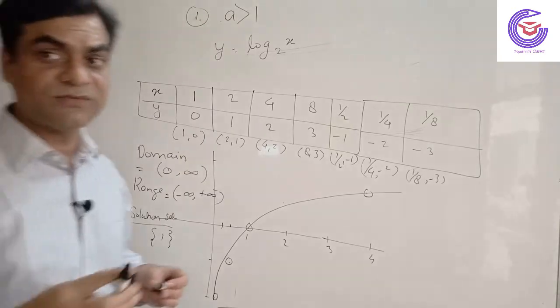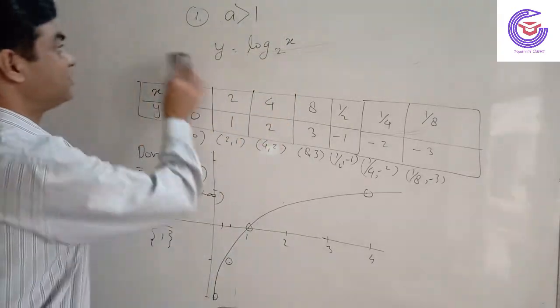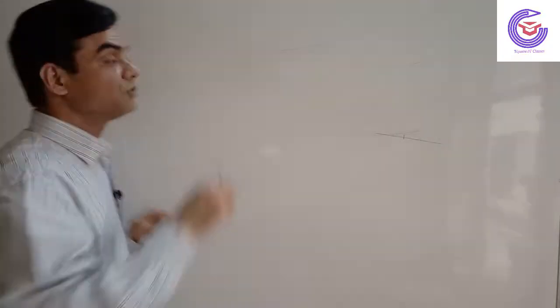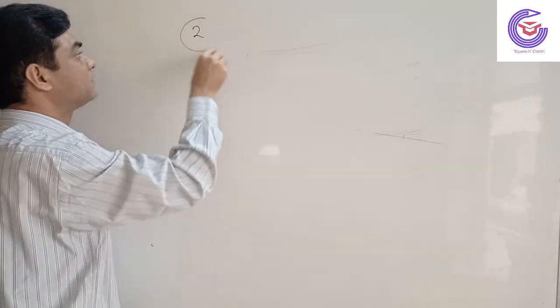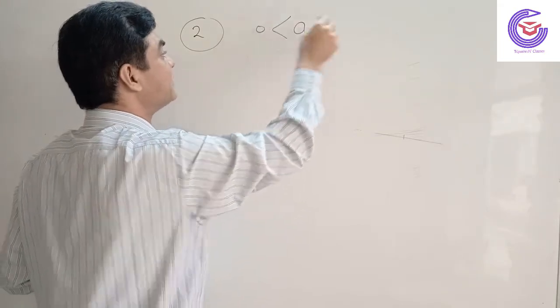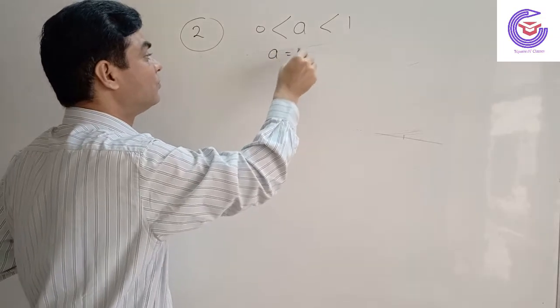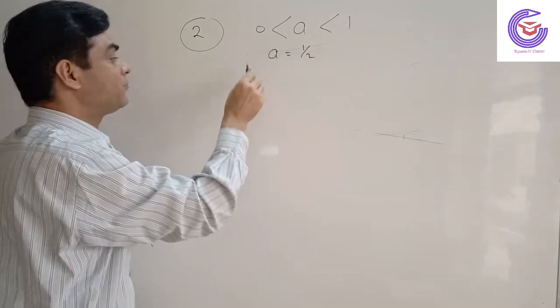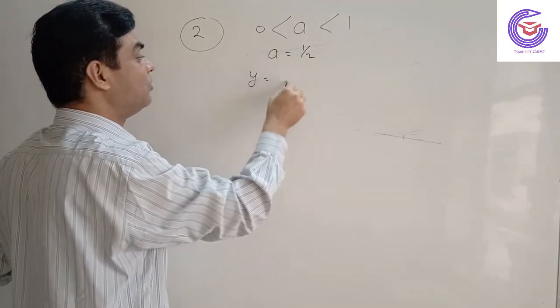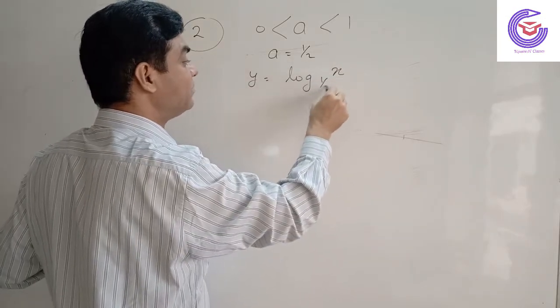In the second case, we will plot when a is greater than 0 and less than 1. Suppose I take the value of a as 1 by 2. So your function is y equal to log x base 1 by 2.